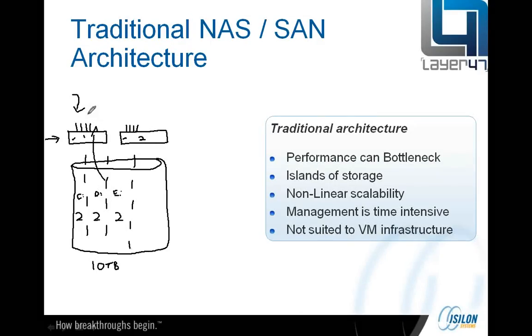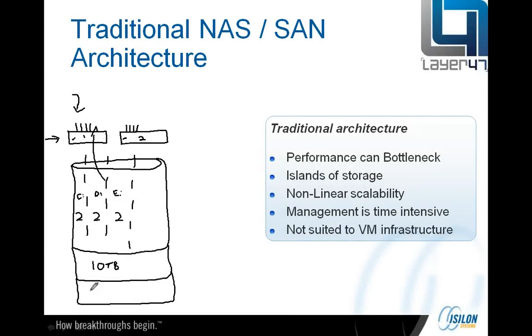So this is your traditional architecture, and what happens is we can continue to add disk down here. As with most platforms nowadays, we can add JBODs or shelves of drives to these systems and expand the disk pool. In some cases, up to and over 100 terabytes, not a problem. But what you can't do is add more performance.